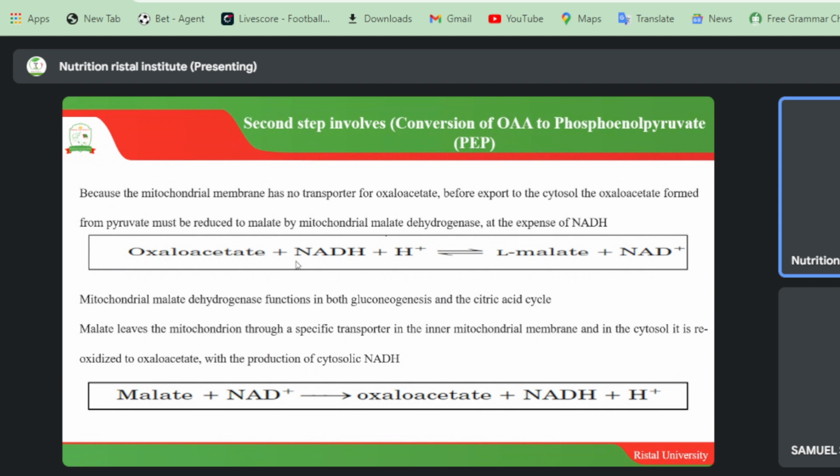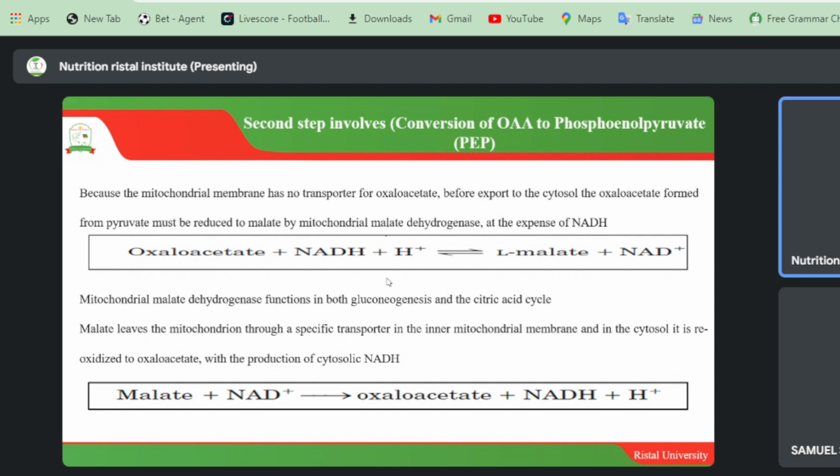This is basically the reverse of everything that is happening here, in a way that you're seeing oxaloacetate being converted to malate using NADH, and this reaction is catalyzed by the dehydrogenase.